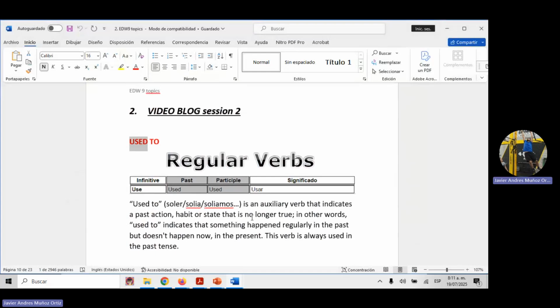Okay? So the used to form is used in its simple past tense, because once again, it is conjugated in its past form, and we know how we can conjugate it in the past form because it's a regular verb.